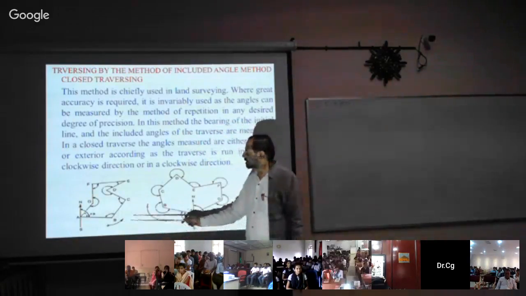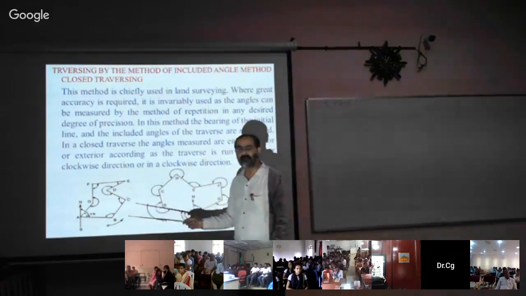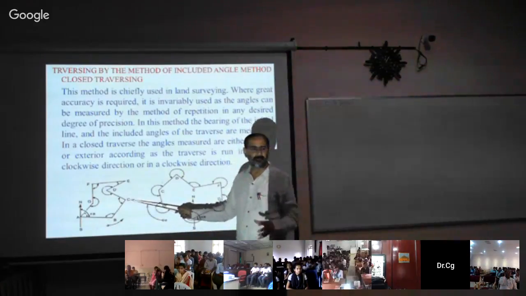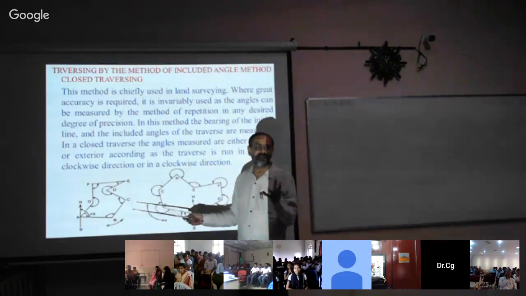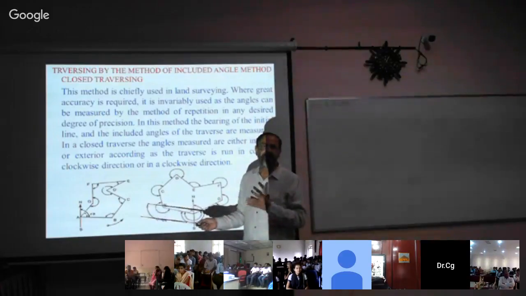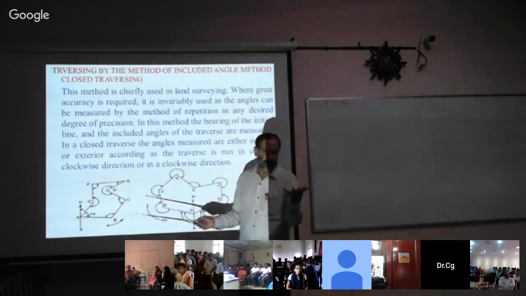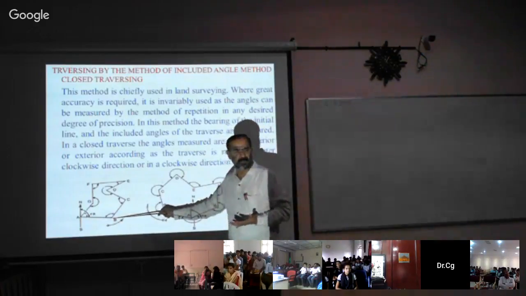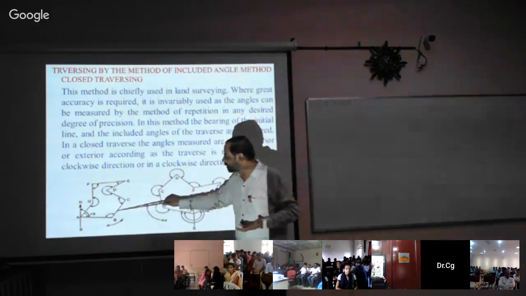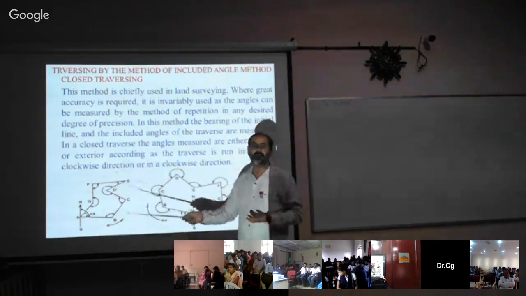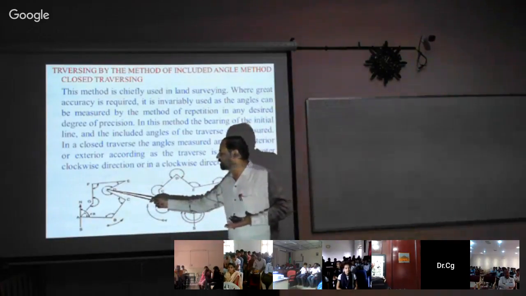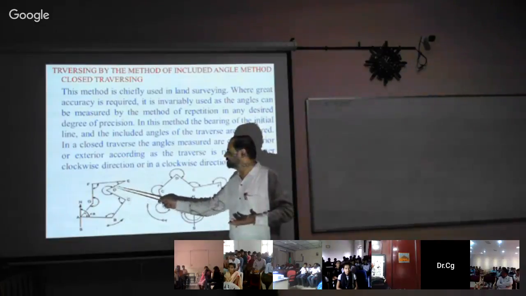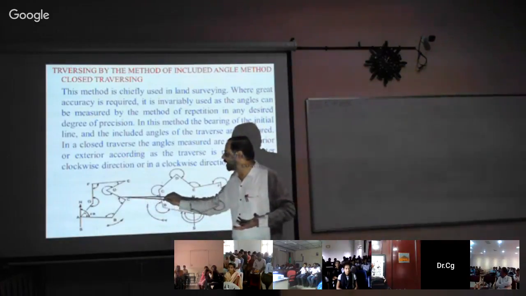And similarly, shift the instrument to station C and again make all the necessary temporary adjustments. Make the horizontal circle read 0 and 180 degrees. Then backsight to B, turn the telescope clockwise and bisect the point D. Measure the distance, then measure the horizontal angle.